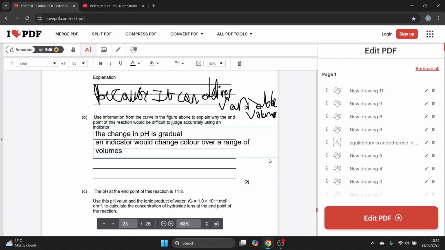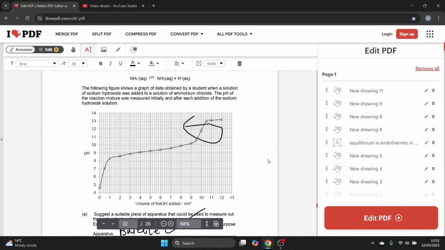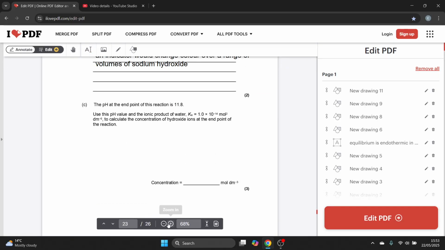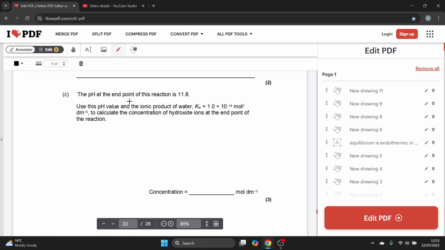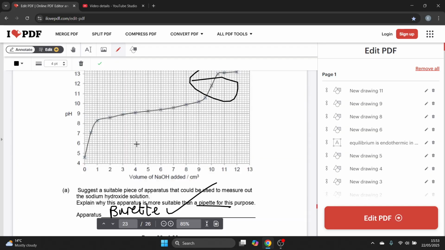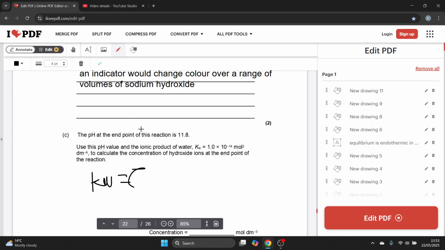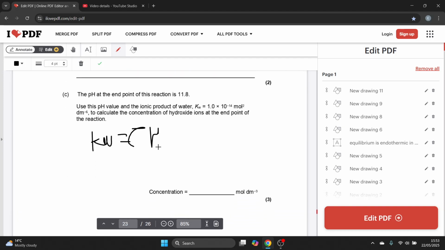Well, what are we adding of sodium hydroxide? I don't know why it keeps going there when I'm right here. Oh, sodium. Given the pH, calculate the concentration of hydroxide ions. So Kw equals H plus times OH minus.